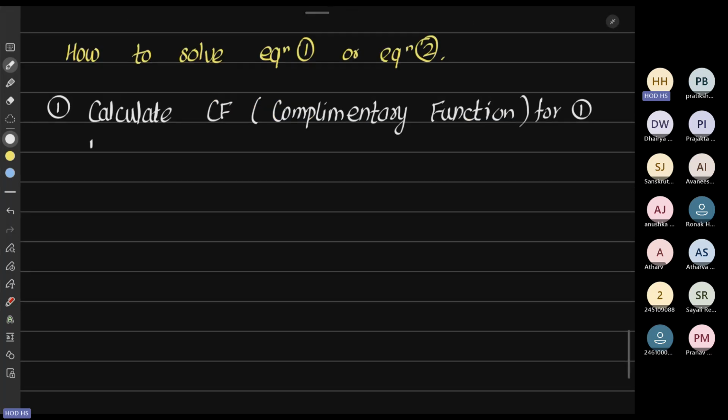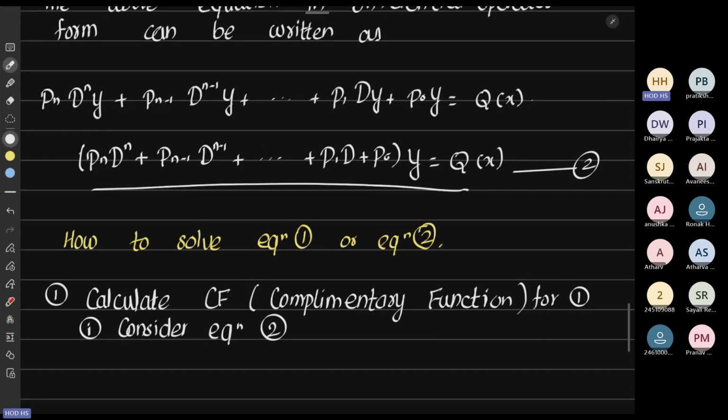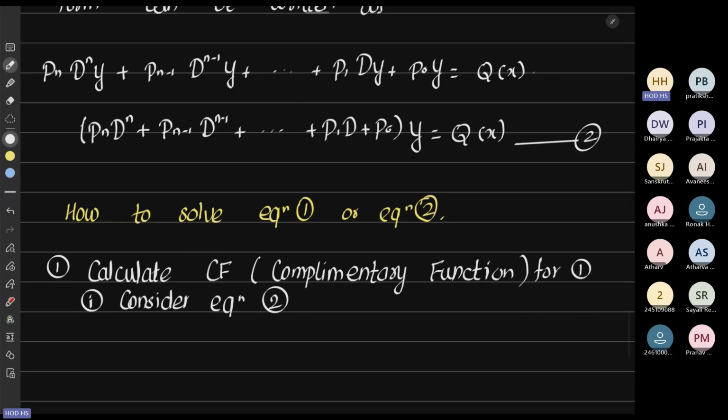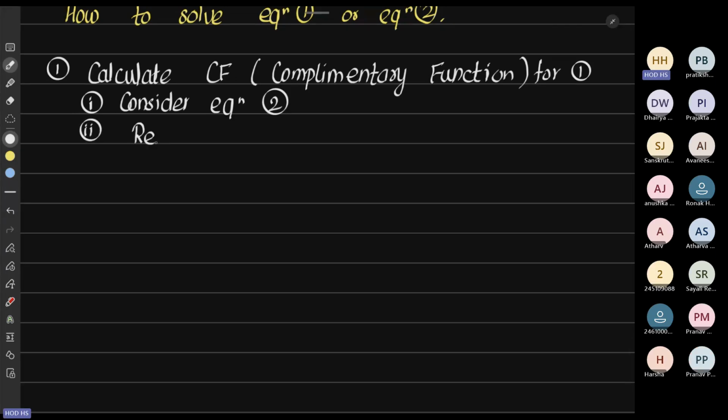So for that, here are the steps that are required. Consider equation 2, that is the equation in the operator form. Then in the next step, replace Q of x by 0 and D by m.